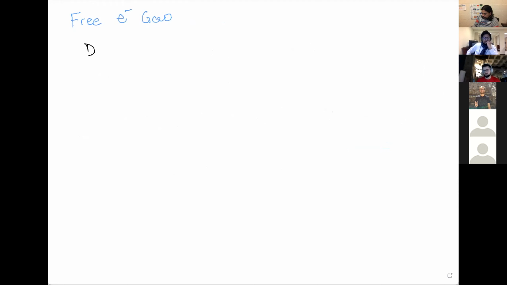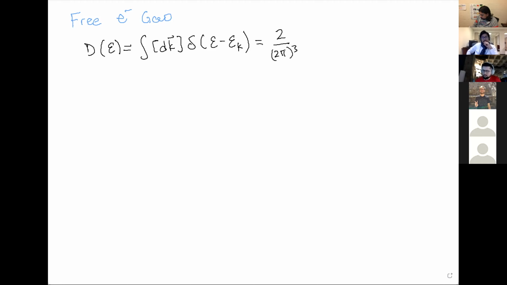My energy density of states is just this integral times the delta function, like that. And I can rewrite this because I already have my definition for that delta K, with 2 pi cubed, and then my delta function.